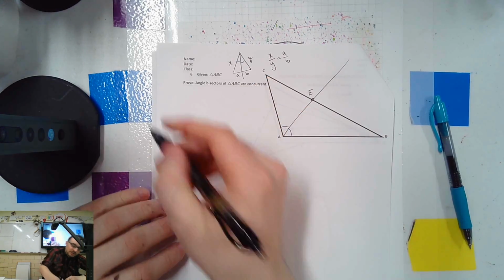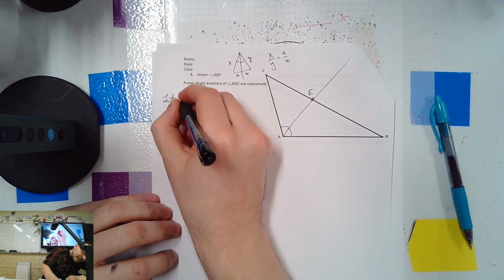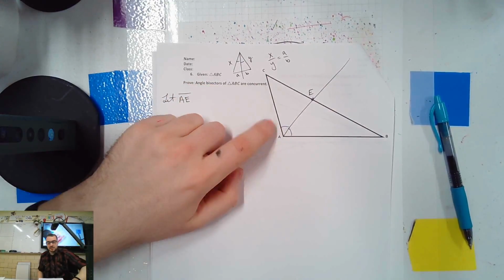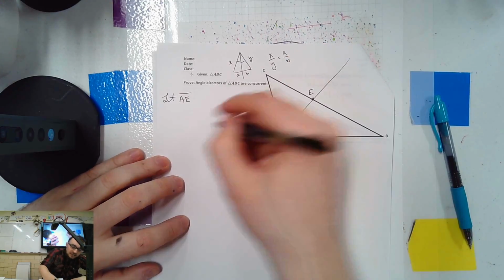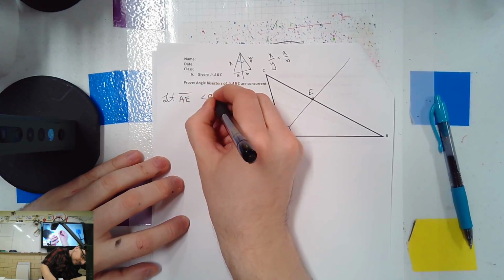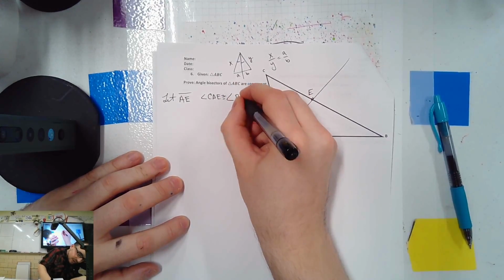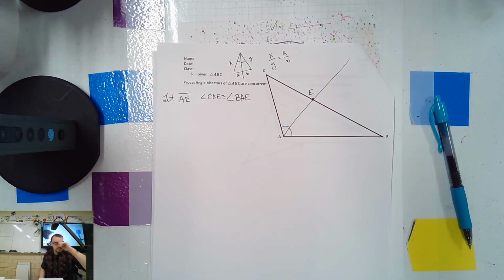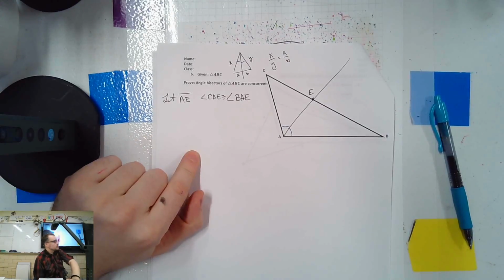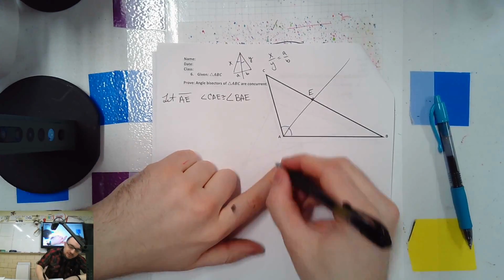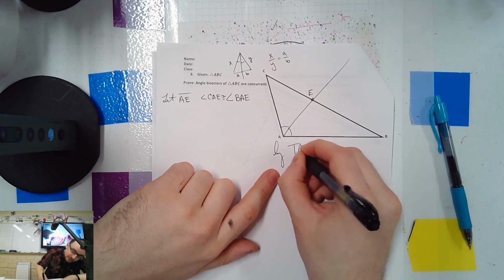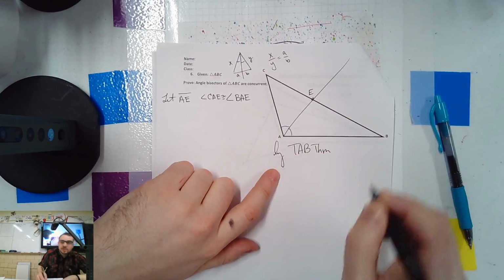So we're going to say let AE exist. And then it cuts these angles into equal, right? So I'm going to say angle CAE congruent to angle BAE. Now, I'm going to keep doing that for all the sides. After I do that, I'm going to say by the triangle angle bisector theorem, let's do this as we go.